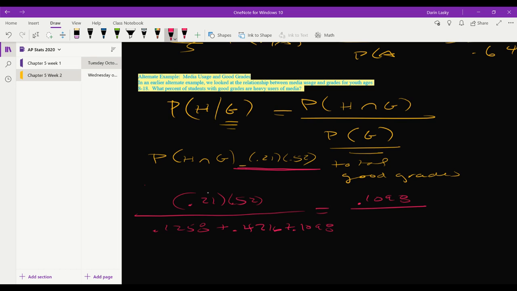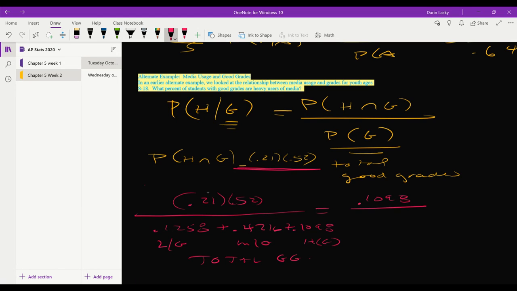Now don't forget, this is the light users that got good grades, the medium users that got good grades, and then now the heavy users that got good grades. Because we want the total good grades, total good grades.